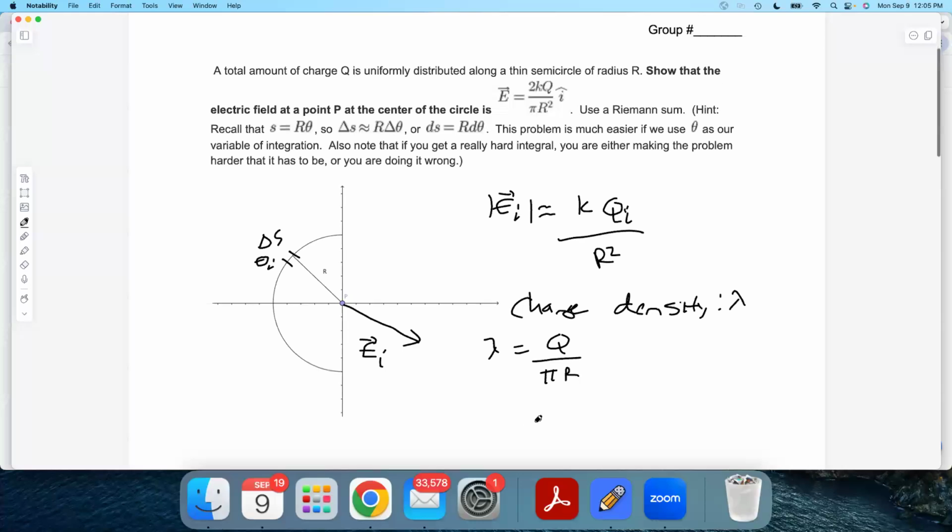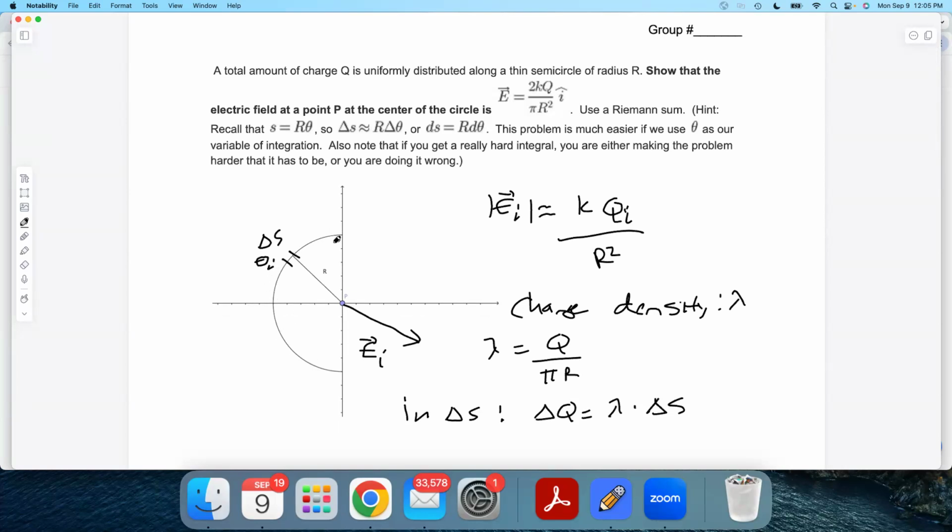So how much charge lives in delta S then? In that little chunk delta S, the amount of charge dq will be the charge density, lambda, times delta S. This is charge per unit length.